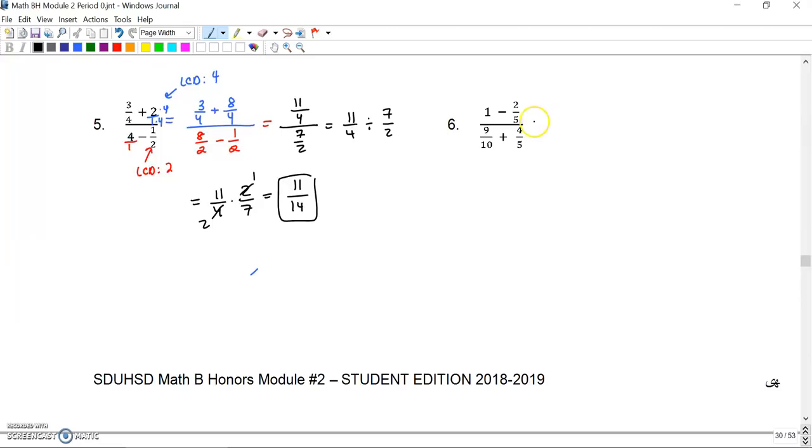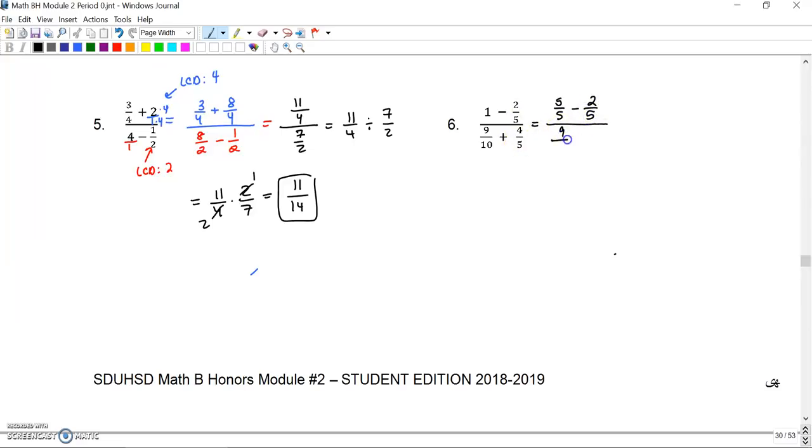Number 6. I would even suggest pausing the video now, see if you can do this one, and then compare it with the work and answer that I have. But when you're ready, common denominator for the top will be 5.